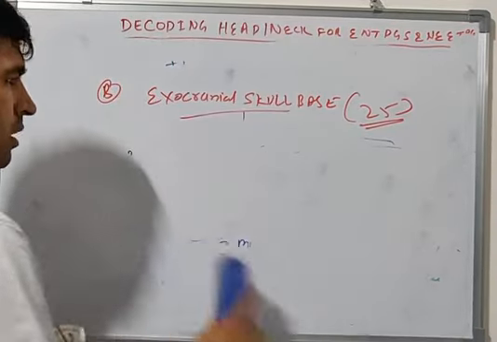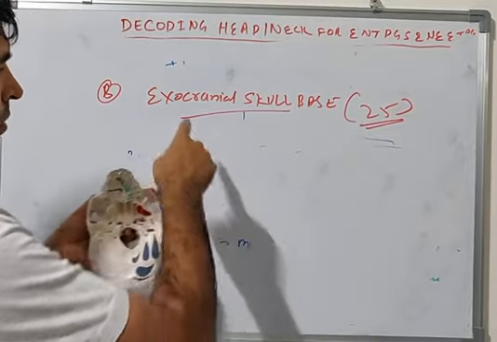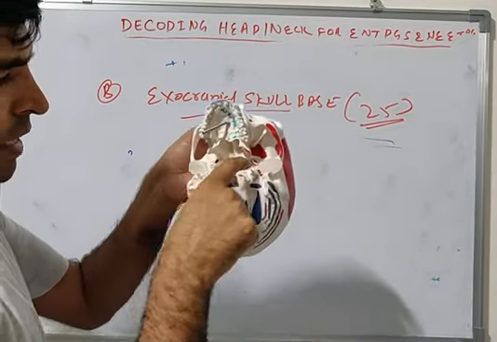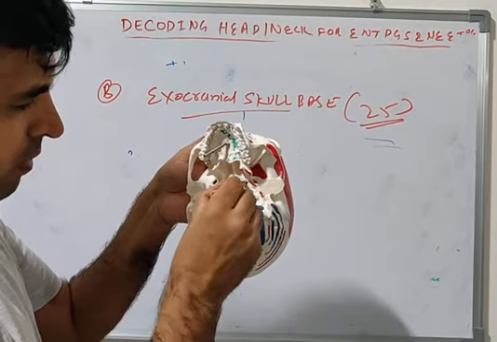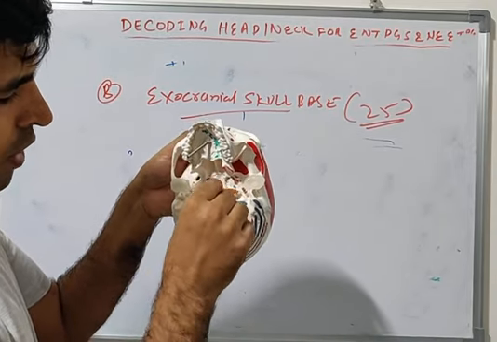Okay, now if you see the middle part of the external skull base, you can see the foramen lacerum behind the foramen ovale. This is the carotid canal.